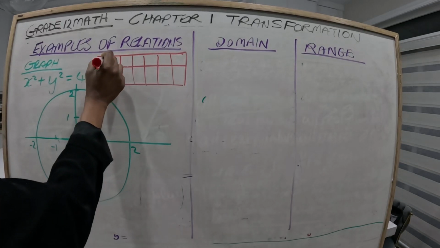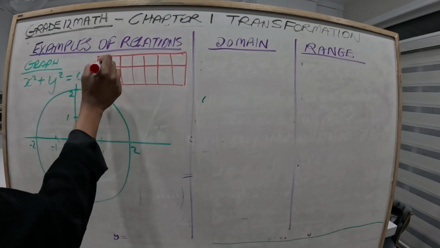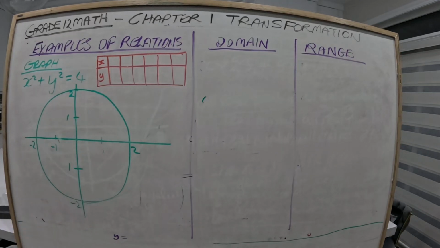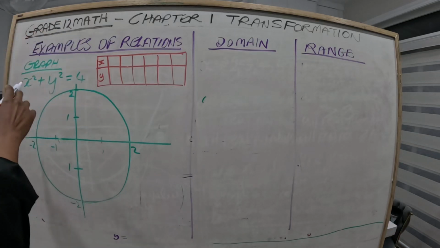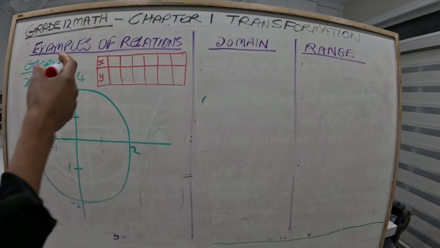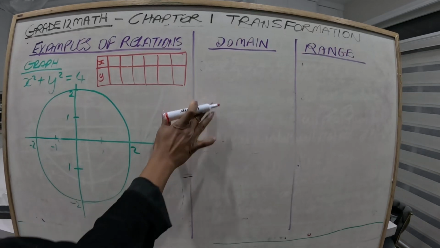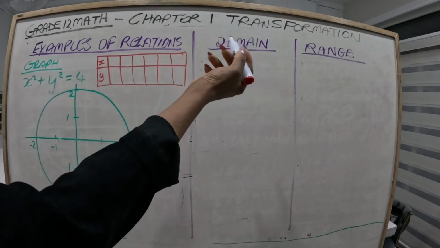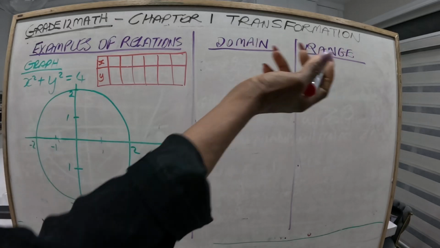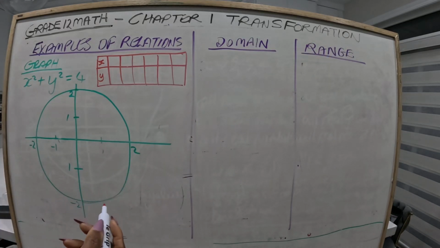So again, that's why with functions, you will always have an opportunity to input the numbers for x, and then you can find the value of y. Okay, because again, domain is independent, range is dependent.